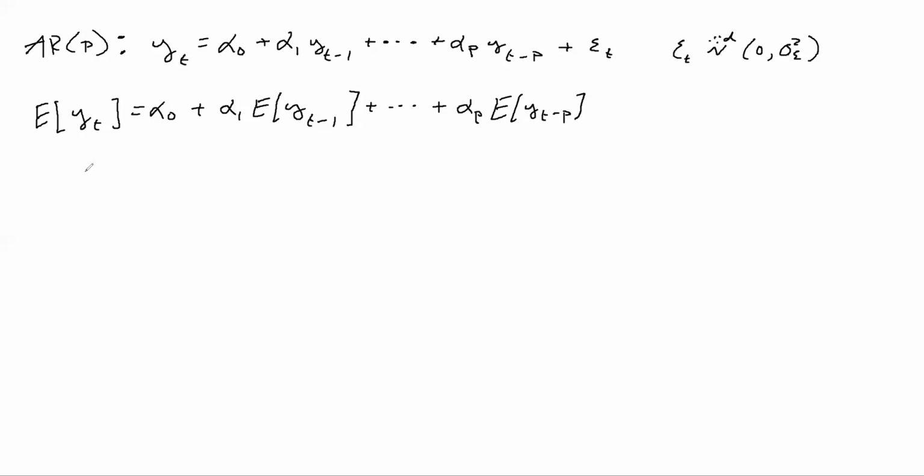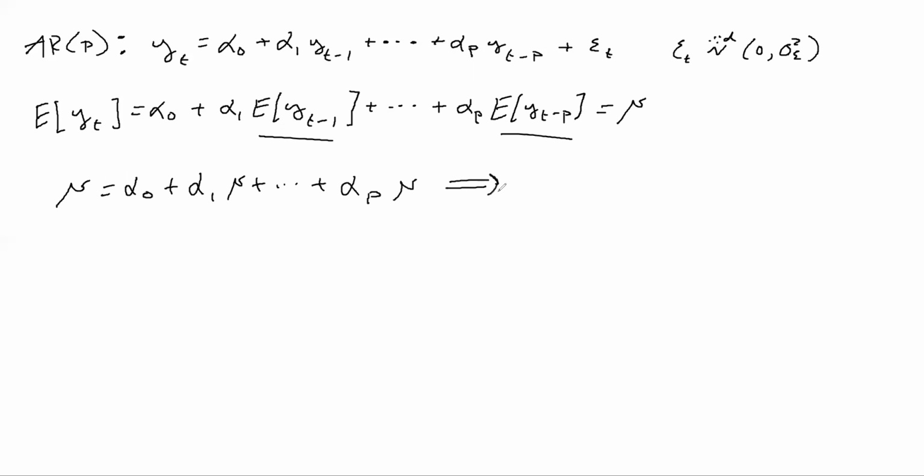Because it's covariance stationary, this is going to be equal to mu. All of these terms are going to be equal to mu because it's a constant mean. The first moment is constant. Otherwise, it wouldn't be covariance stationary. So this means that mu is equal to alpha 0 plus alpha 1 mu plus all the way to alpha P mu.